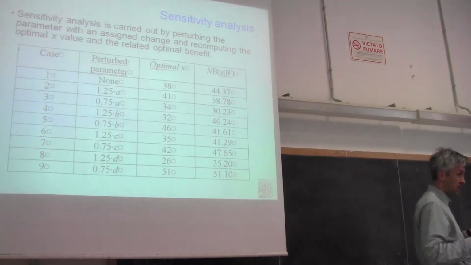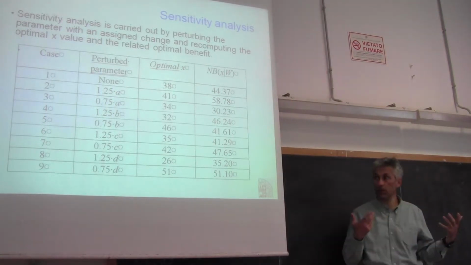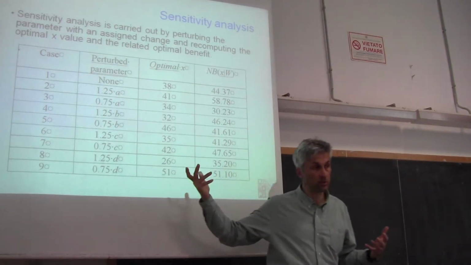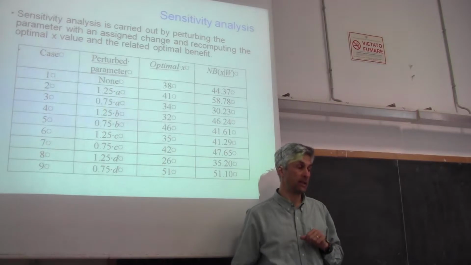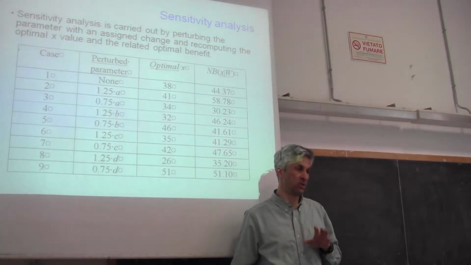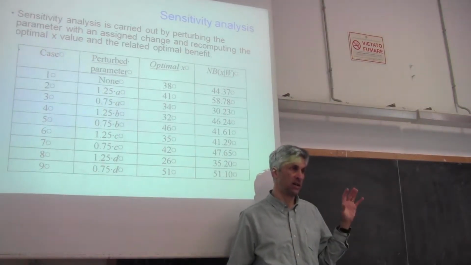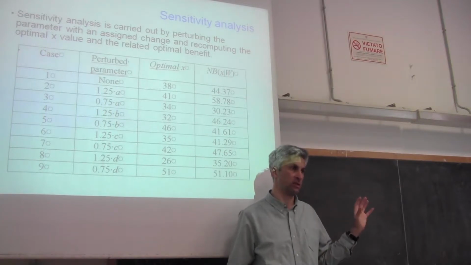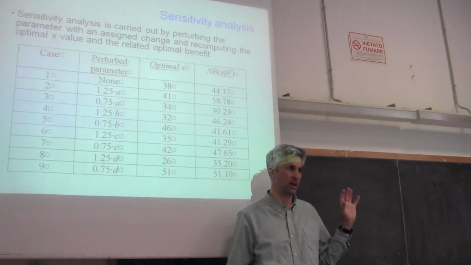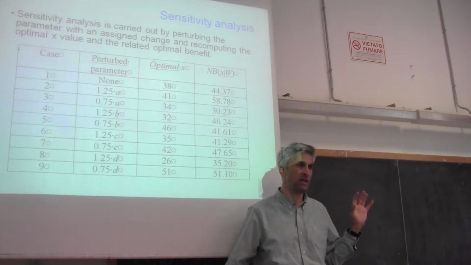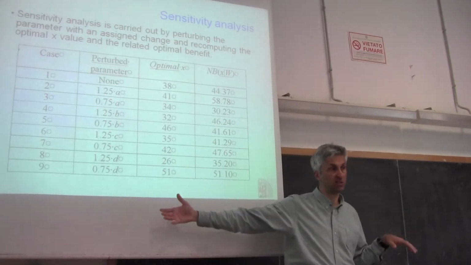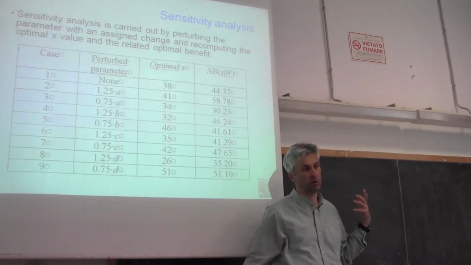So this, as I said, is quite easily understandable. The problem is, what is the order of magnitude of this perturbation? This is an evaluation that you have to make, trying to assess the uncertainty of each parameter. In this case, I adopted 25% for all of them. This is not really credible in practice.